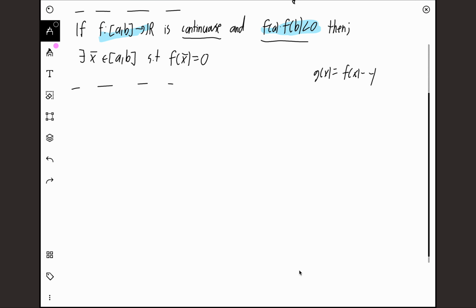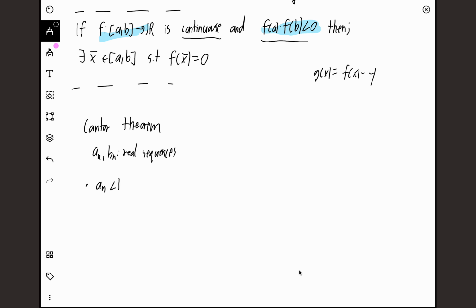Well, first of all, we're going to need a second theorem to prove this theorem, which is called the Cantor theorem. Basically what this theorem states is that if we have two real sequences, an and bn, and these sequences have the following three properties.